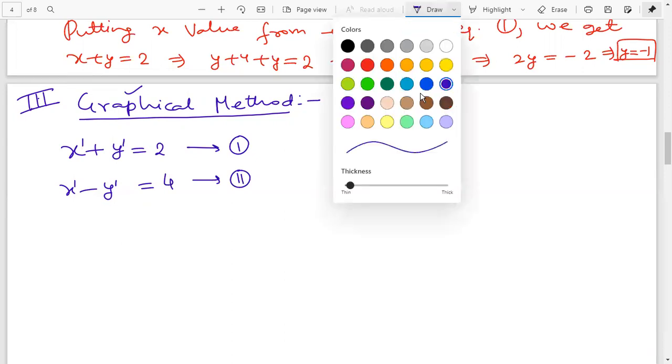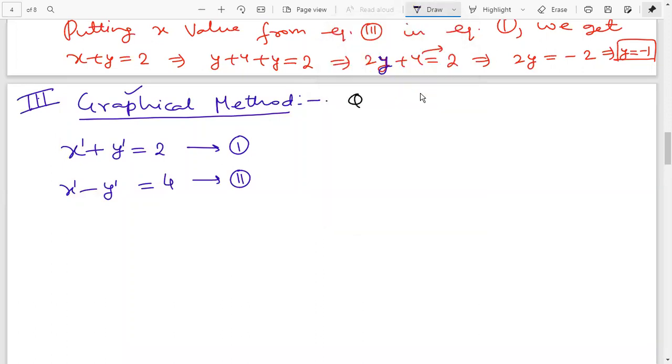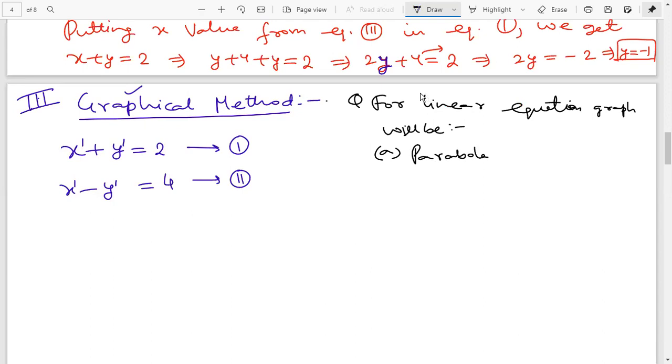Let me put it in question style. Say the question is: for a linear equation, the graph will be: A parabola, B circle, C straight line, D hyperbola.